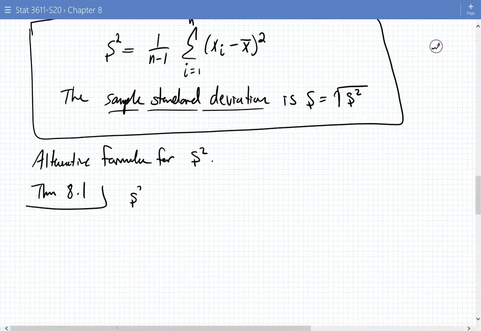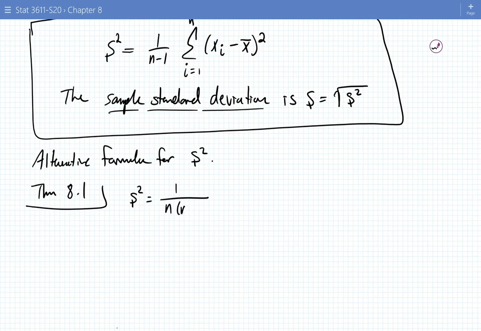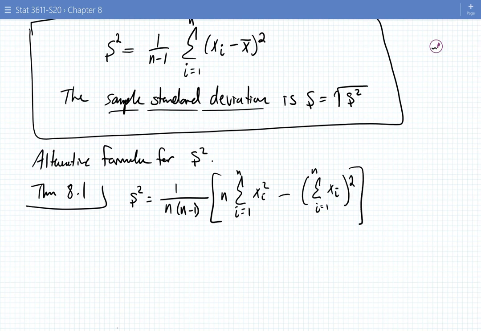And this says that the sample variance S squared is 1 over n times n minus 1 times the quantity n times the sum from i equals 1 to n of the observations squared minus the sum as i goes from 1 to n of the observations, that quantity squared.